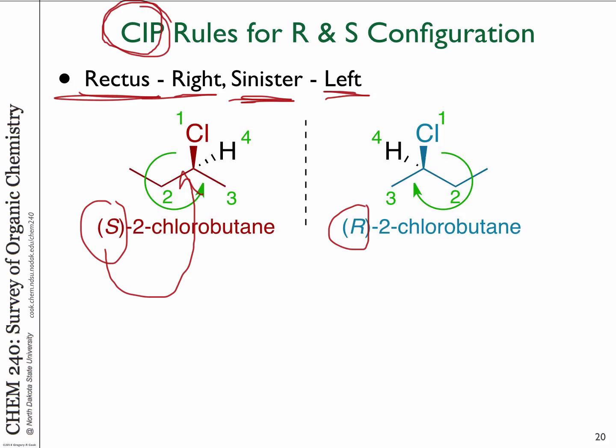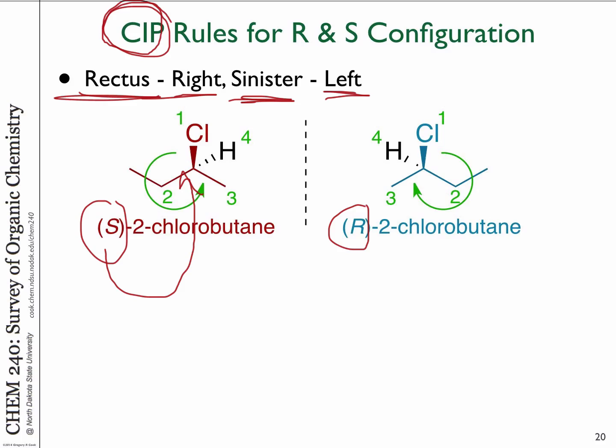Okay, so CIP stands for the Cahn-Ingold-Prelog rules. Do you remember we talked about assigning priorities to groups based on atomic number? And then, of course, we need to go out layer by layer if we can't make a distinction right away. So that's what we've done here. We have 4 groups on carbon, and we assign the priorities from 1 to 4.